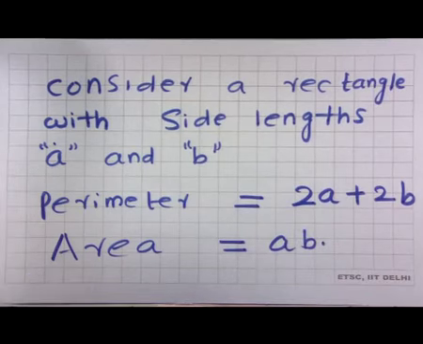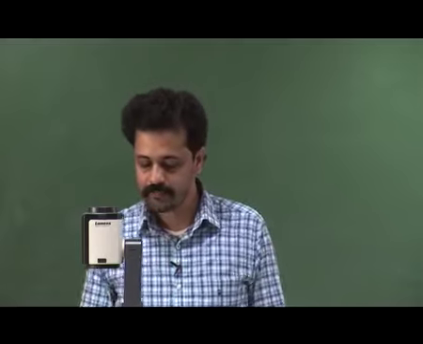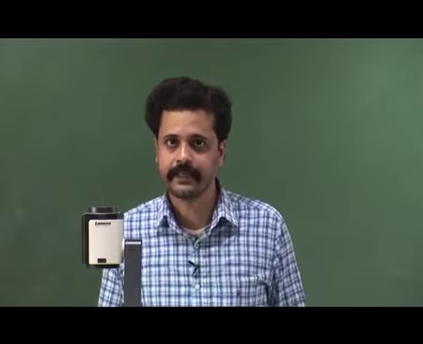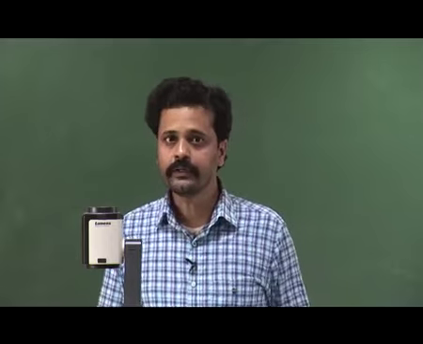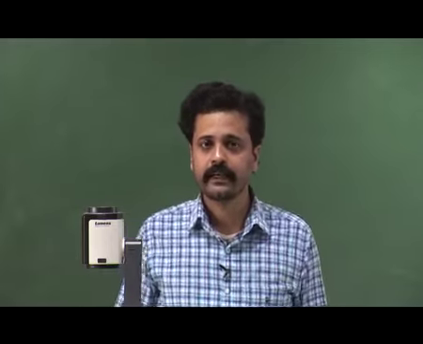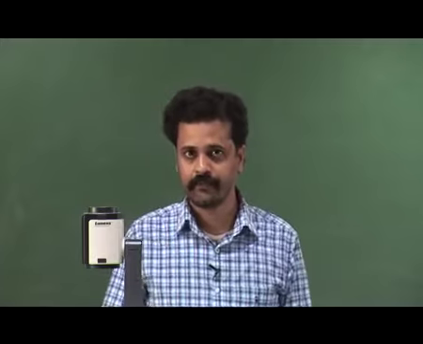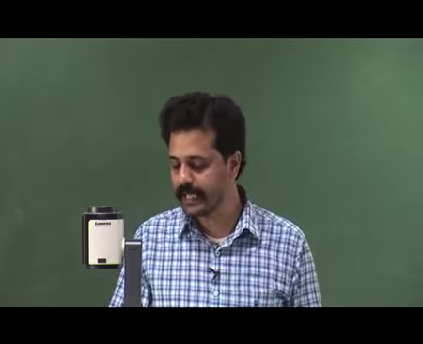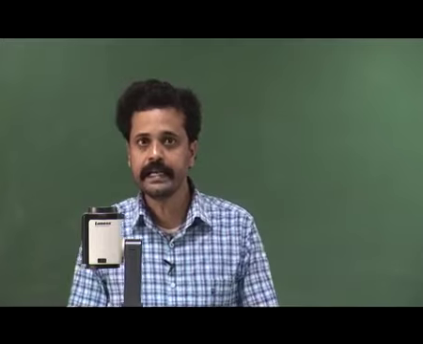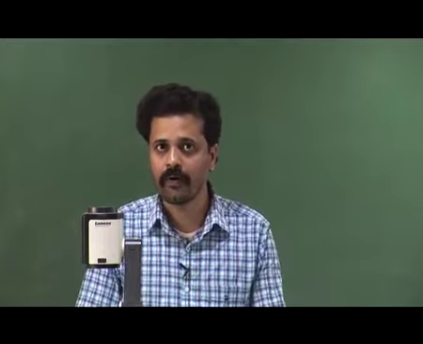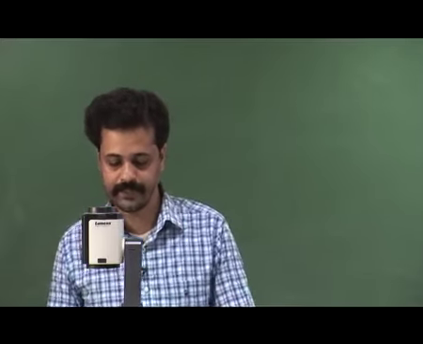Now, let us consider a square with area equal to area of this rectangle. Means we would like to have a square with area AB. Note that for a square, formula for area is square of the side. Therefore, to have a square with area AB, we need square of side length root AB.